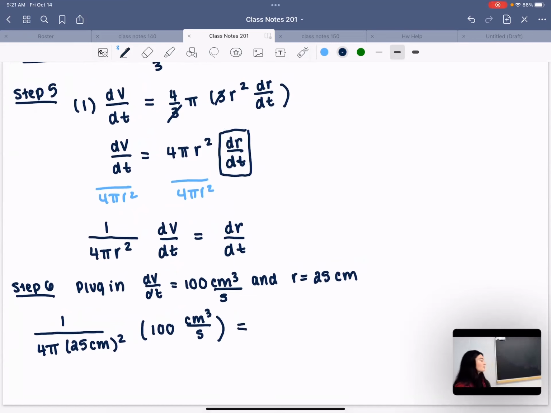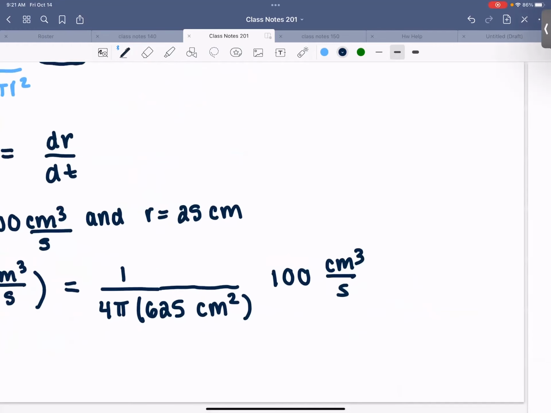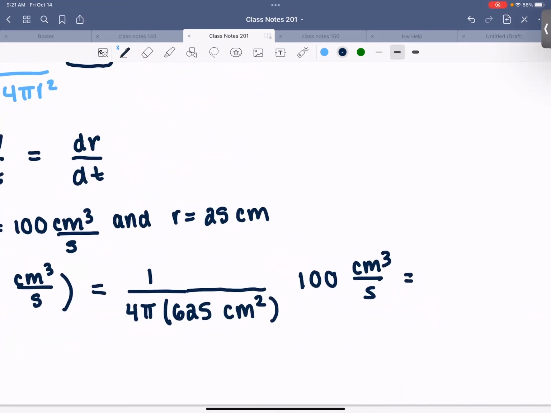When I square the 25, the centimeters also become centimeters squared, so it works just like a variable does. 1 over 4 pi times, what's 25 squared? 625, good. Once we get here, we can multiply together all the different numbers, and I think this gives us 1 over 25 pi.